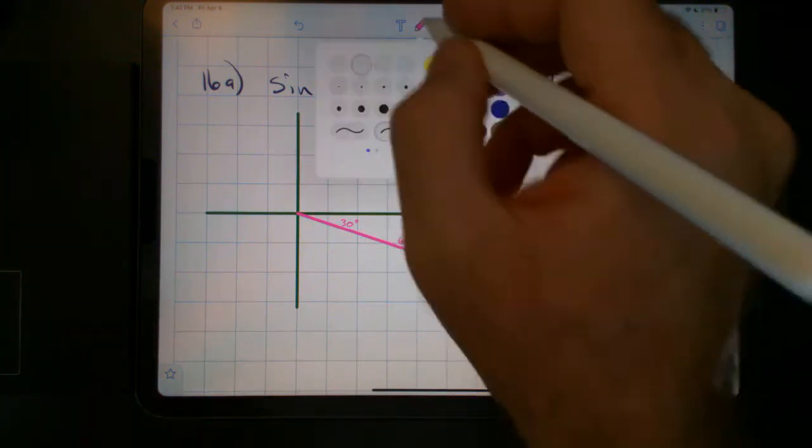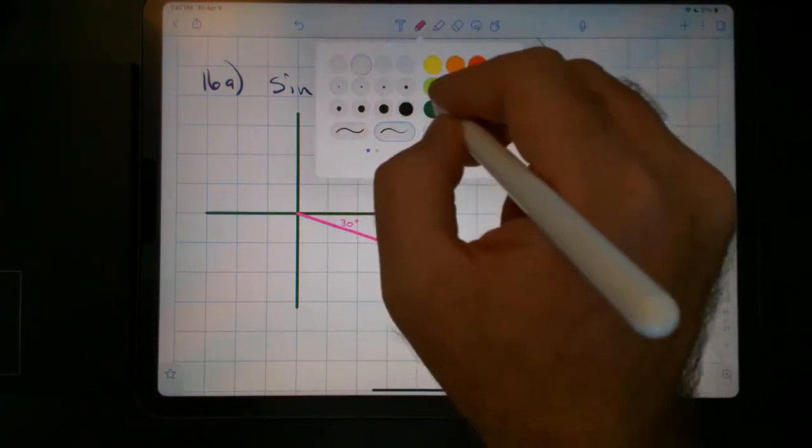Okay, so we will want the negative component.